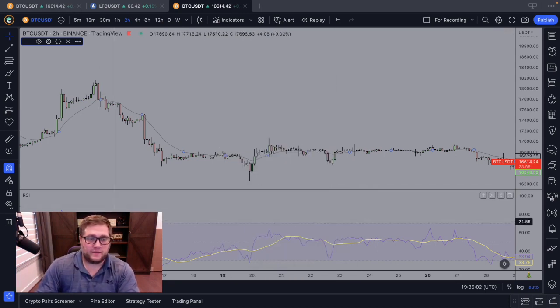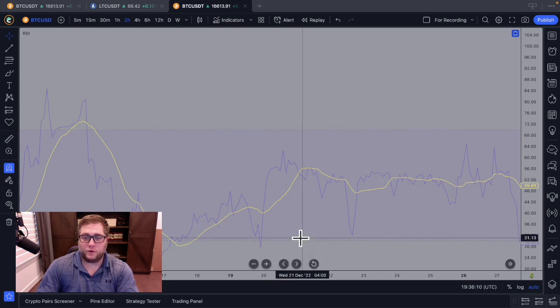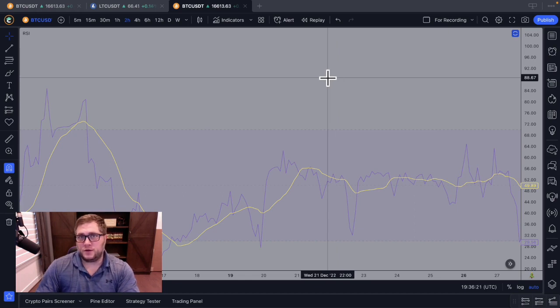The RSI is down here at the bottom. This is what it looks like. You have your cloud right here, which measures from 70 all the way to 30, and anything above 70 is considered overbought, and anything below 30 is considered oversold. You can't trade those that way.